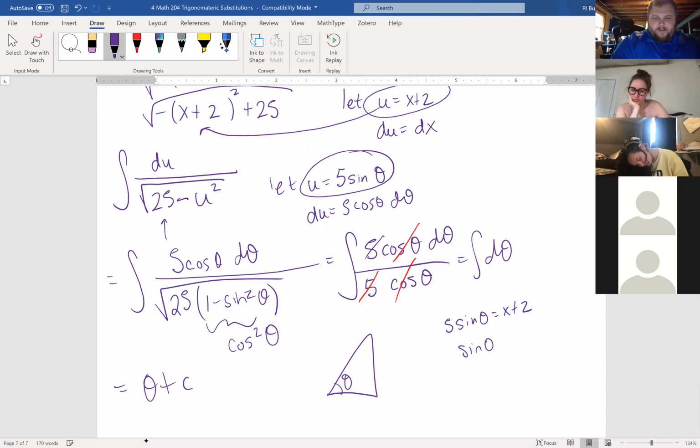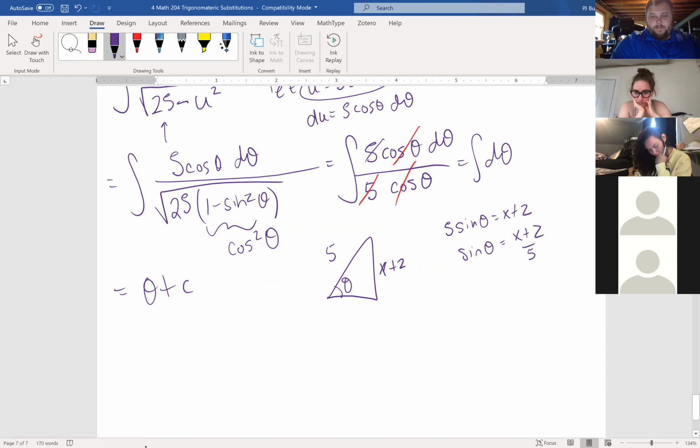Therefore, sine of theta is x plus 2 over 5. And that's opposite over the hypotenuse. The third side of the triangle is the hypotenuse squared minus this other side squared.